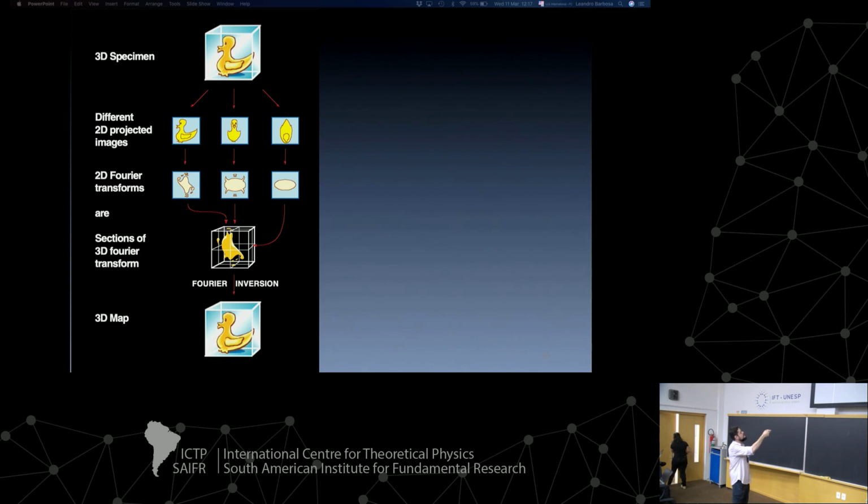The idea is that when you take several thousands of these images, this is your sample, but you may have different projections. You have different Fourier transformations from the different projections. Then you must somehow try to combine them in Fourier space. Then you come back to get your information again.